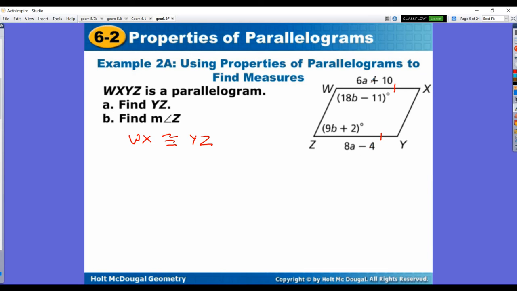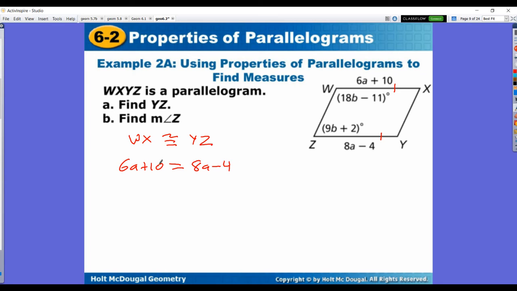All right, so we can use that property to go ahead and set ourselves up an equation to get this thing solved. So we're going to say for WX, we're going to fill in 6a plus 10. And that's going to be equal to YZ, which is 8a minus 4. All right, so there's our initial setup. Now we're just going to go through and solve this algebra problem.